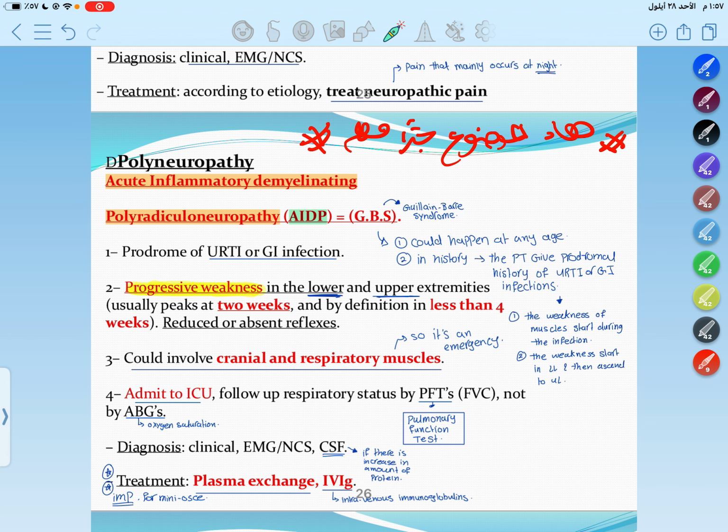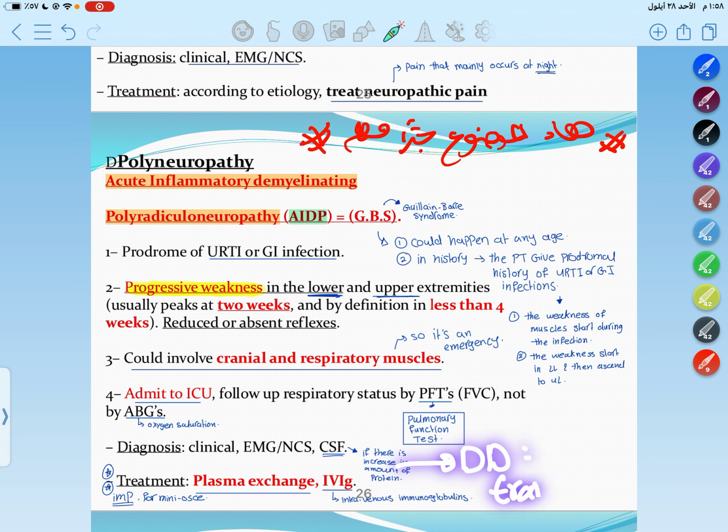Of course, the differential diagnosis is transverse myelitis. We will talk about it later. It is inflammation of the spinal cord. Of course, the treatment is usually immediately plasma exchange or IVIG.